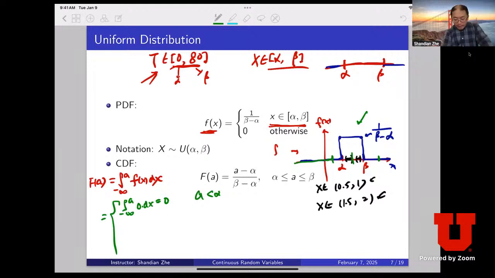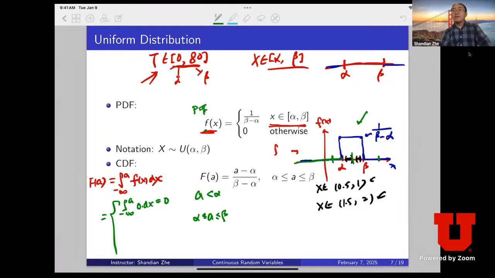Okay. So in the second case, a is in between alpha and beta, so alpha is less than or equal to a, which is less than or equal to beta. How do we compute the integration? In this case, we know that the PDF, the lowercase f, will always be 0 until it reaches alpha.